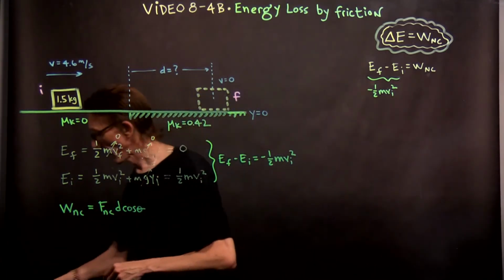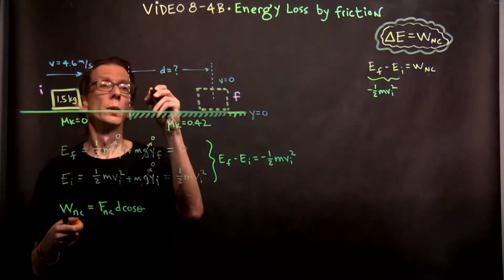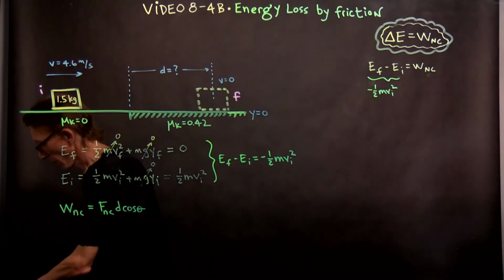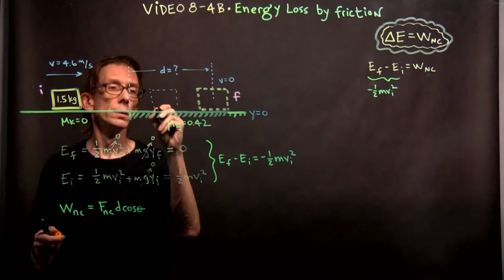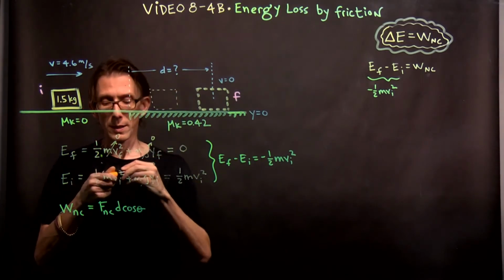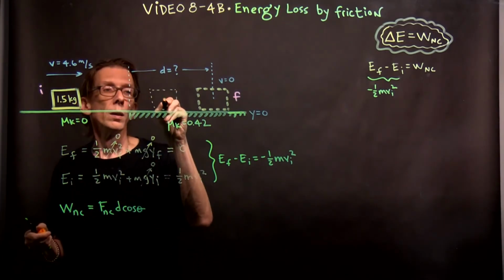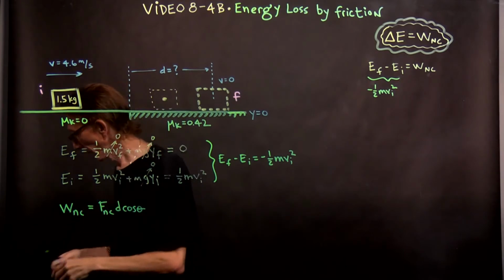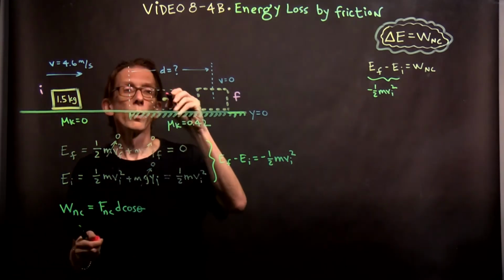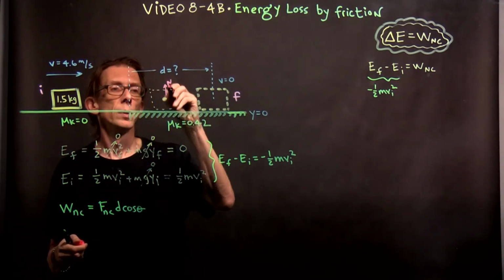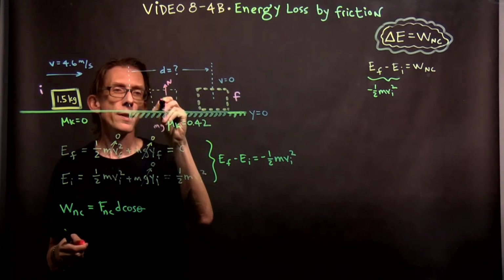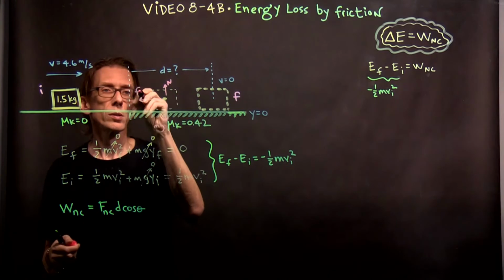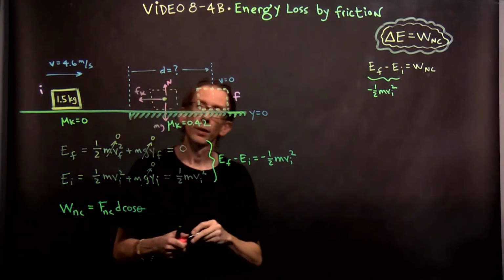Well, let's imagine a free body diagram here. When it's moving here, what are the forces acting on it? Well, normal force up, mg down, and the kinetic frictional force to the left.